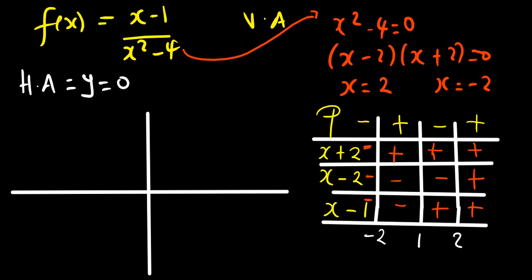Okay, good. Now you know that this is your y, this is your x. So how are we going to draw that? Let's first represent our vertical asymptotes. The vertical asymptotes that we have were -2 and 2 on this side. Then let's show them like that.